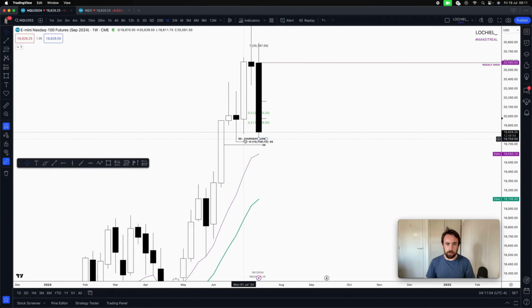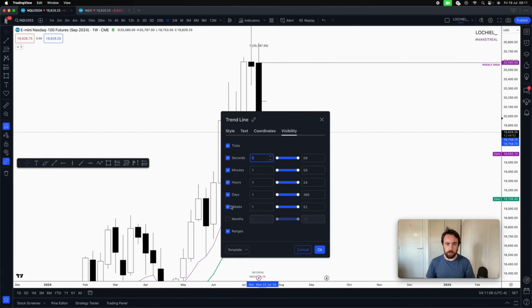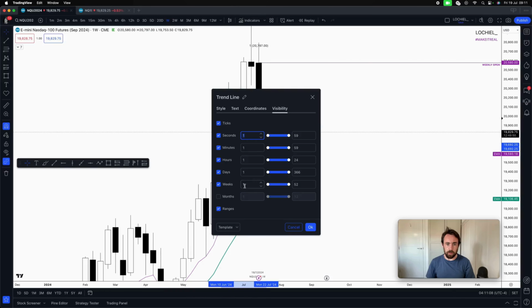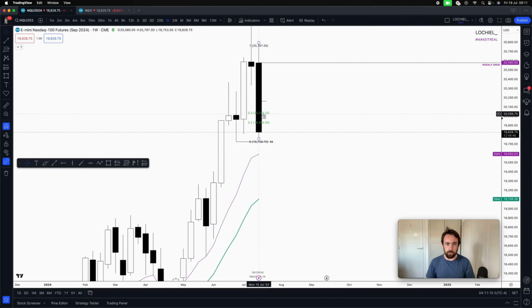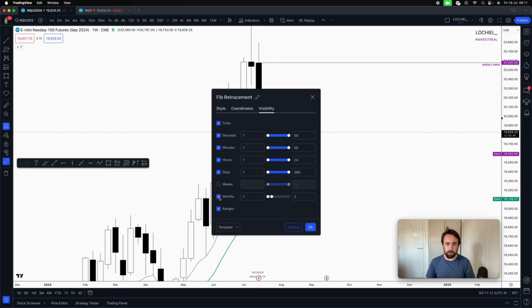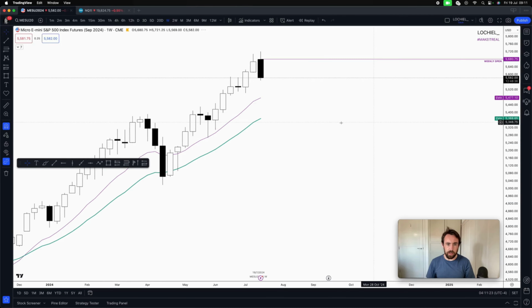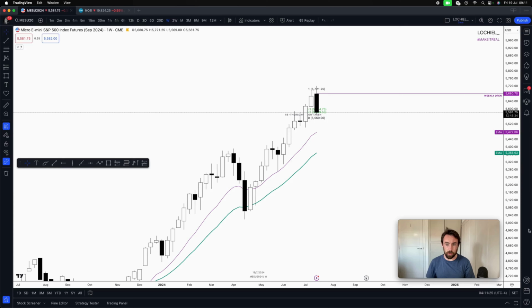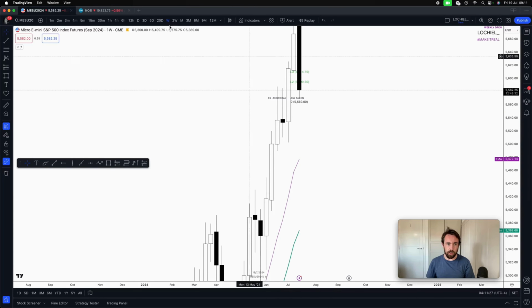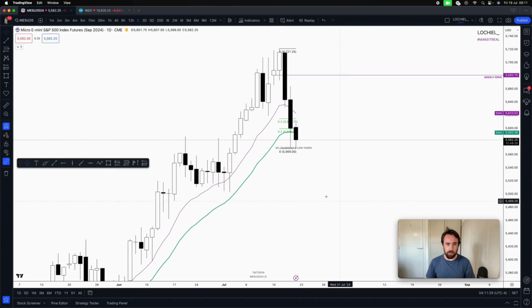Let me just remove this on the weekly, it doesn't need to be there. So you see the low there that we could potentially trade to. If we look at ES, we don't have that same low. That low is all the way down here. We could obviously get there today, but that's not the high time frame level of interest available here.